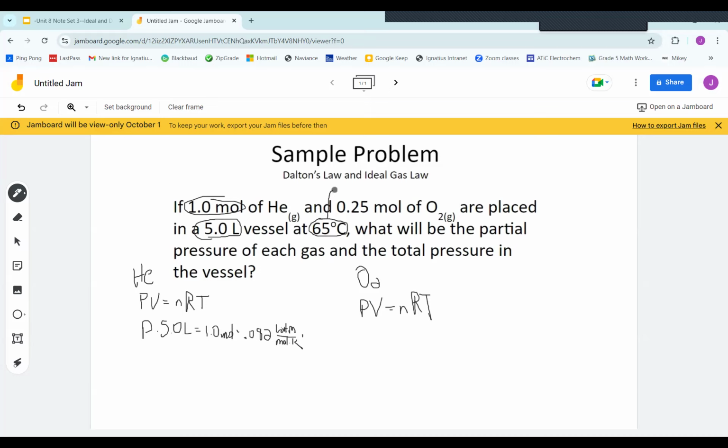If we have 65 degrees Celsius, we know that we need to convert that into Kelvin, so we're going to add 273 to it. So 65 Celsius plus 273 gives us 338 degrees Kelvin.